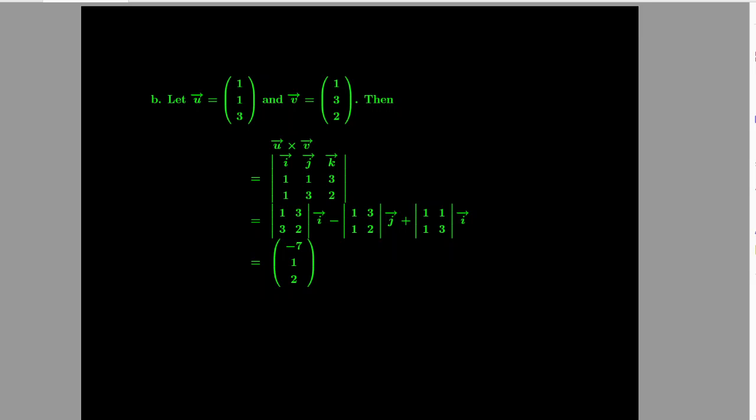It's okay to write the final answer in terms of i, j and k, but I still prefer to write the answer in terms of components. As long as you know what's going on, it's not too hard to compute, right? You know how to expand using the first row. You know how to compute 2 by 2 determinants.